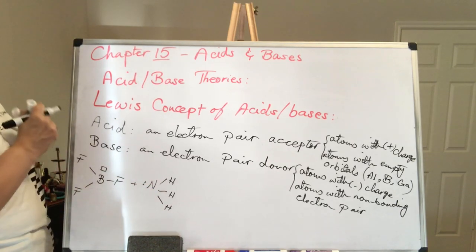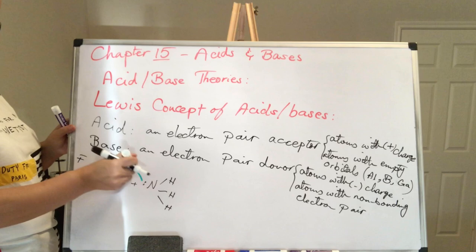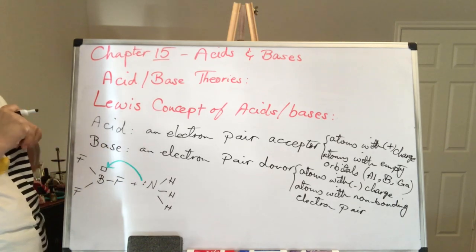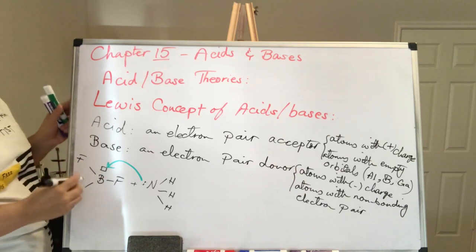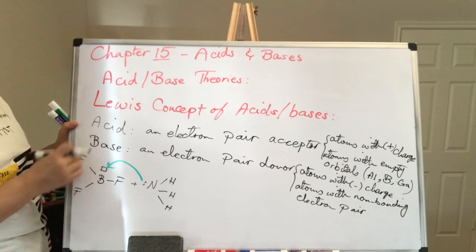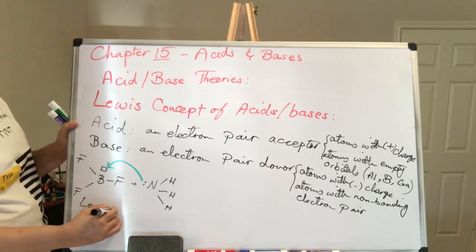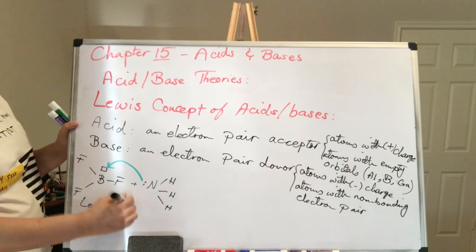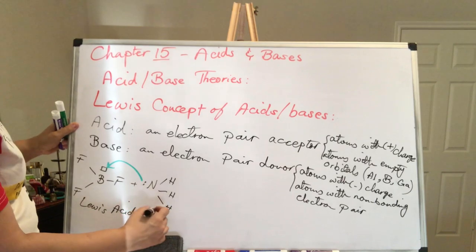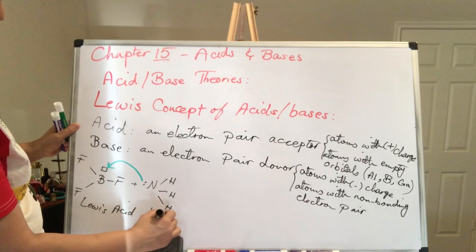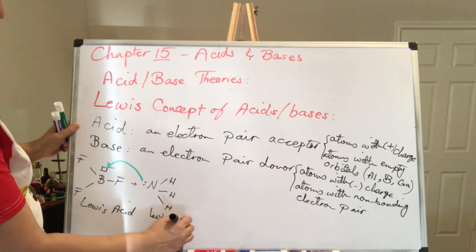So what happens? This nitrogen is going to donate the electron pair onto boron. So since BF3 is the electron pair acceptor, it is the Lewis acid. And since NH3 is the electron pair donor, this is the Lewis base.